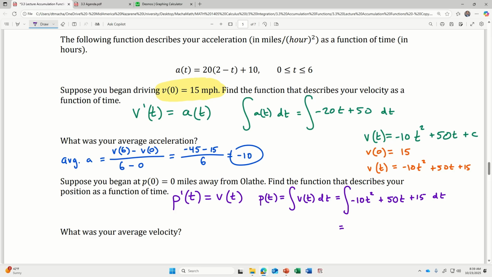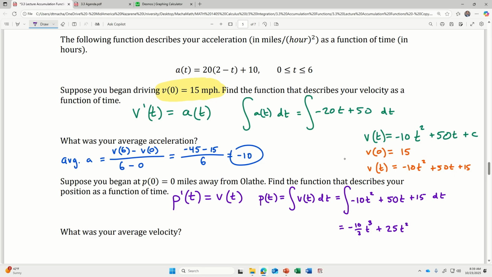What's the antiderivative of negative 10t squared? Negative 10 over 3 t cubed. What's the antiderivative of 50t? 25t squared.